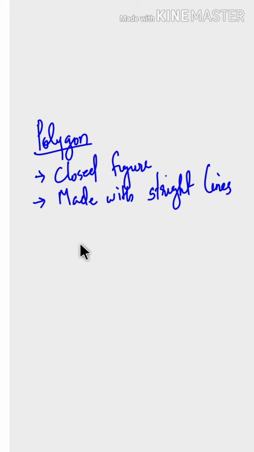Okay, here you can see this is a polygon because this is a closed figure and also it's made with straight lines.